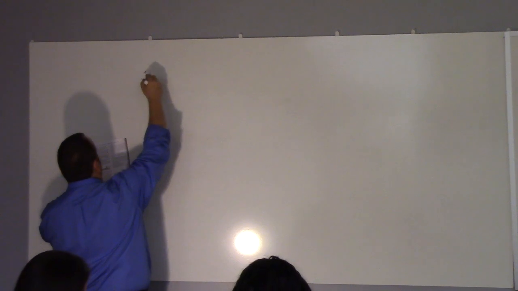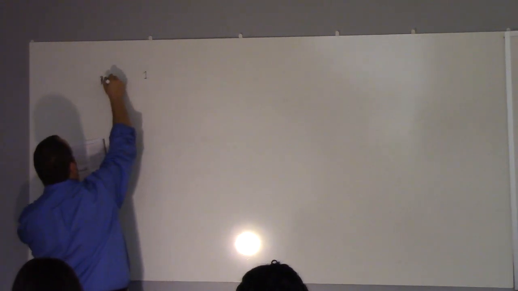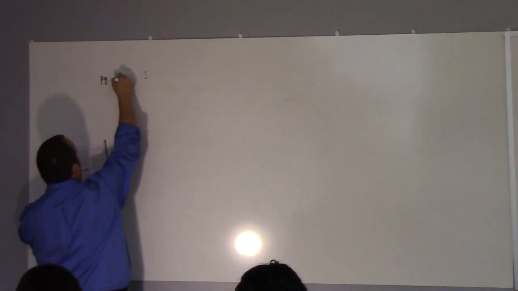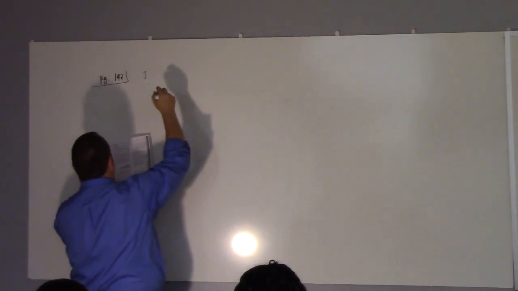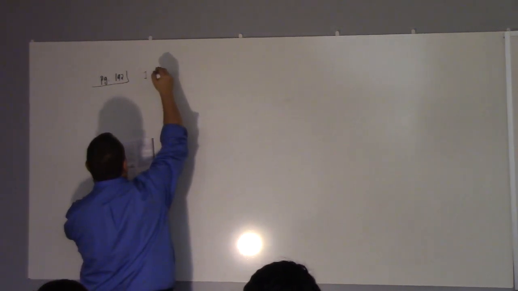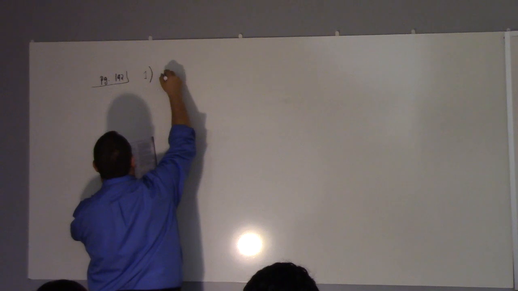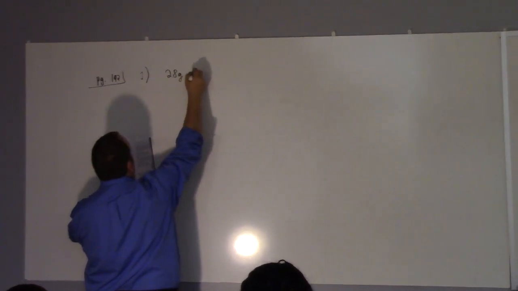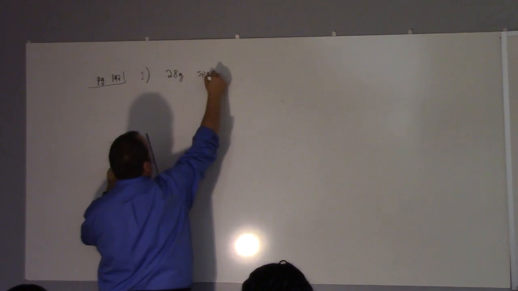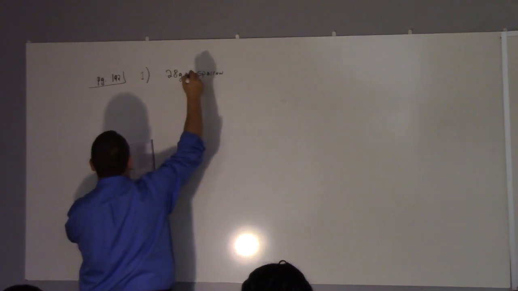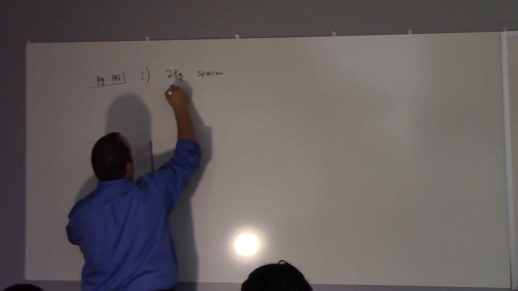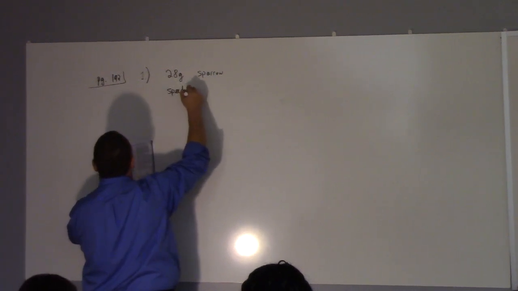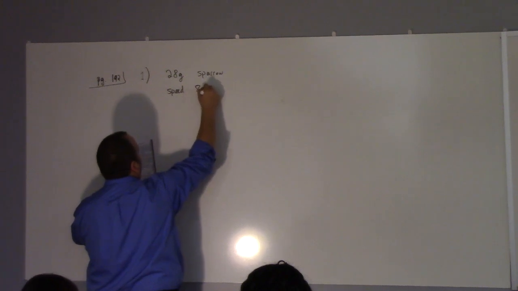Number one of page 192 says the following: what is the magnitude of the momentum of a 28-gram European sparrow flying with a speed of 8.4 meters per second?